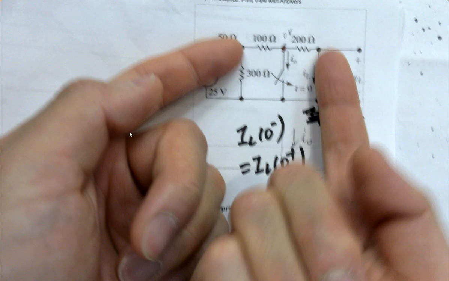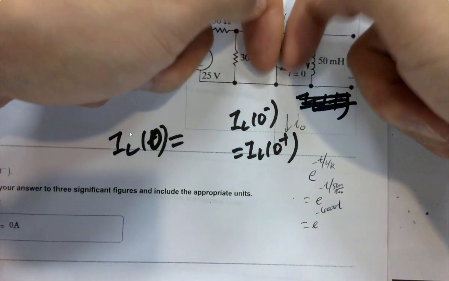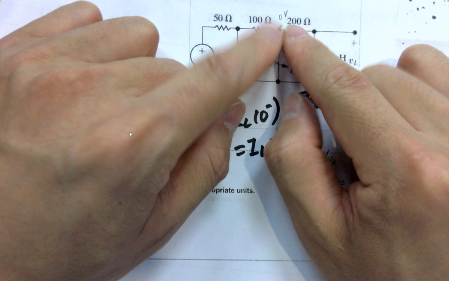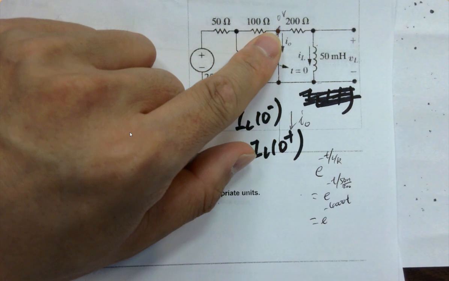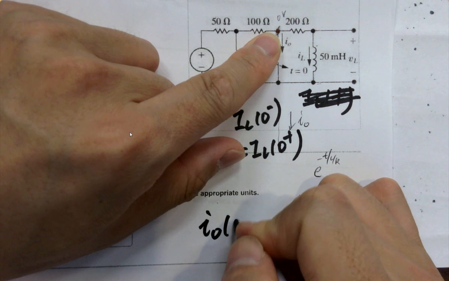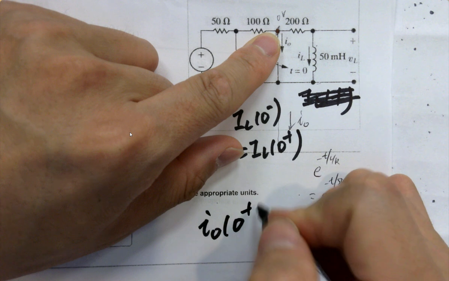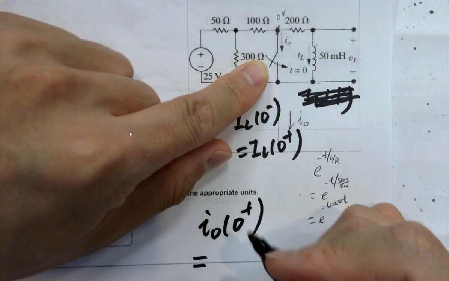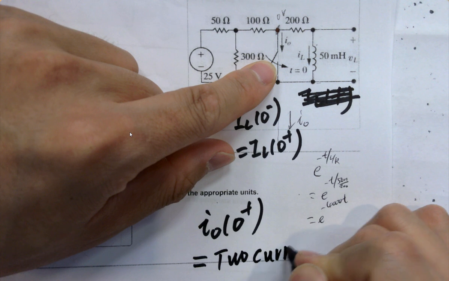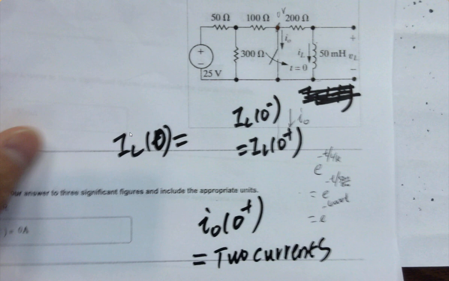It's going here. Okay? You got two current contributions for I0 plus, which is two currents. Keep that in mind.